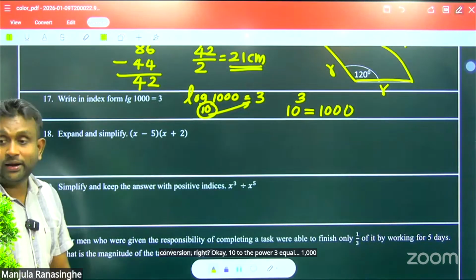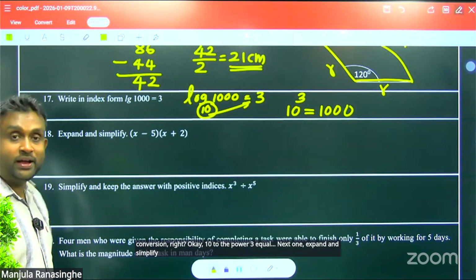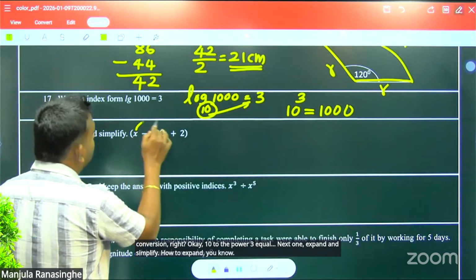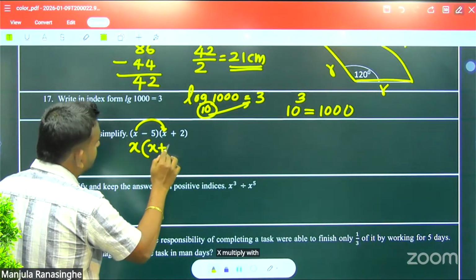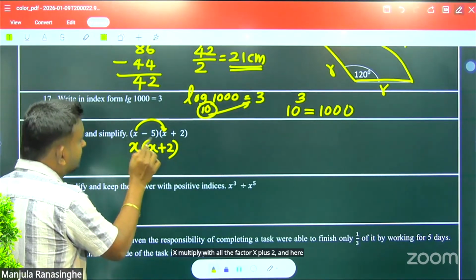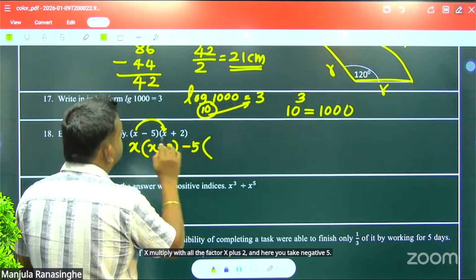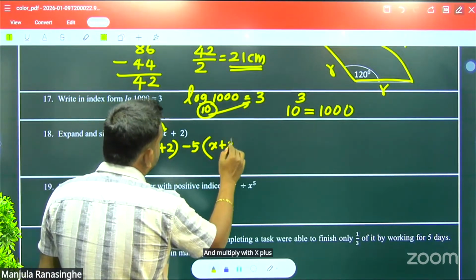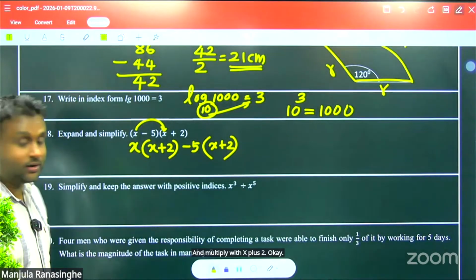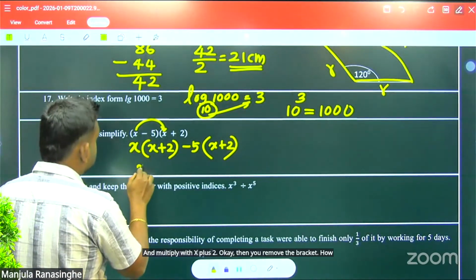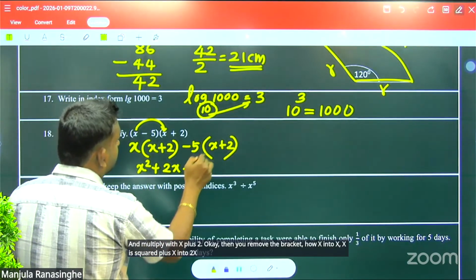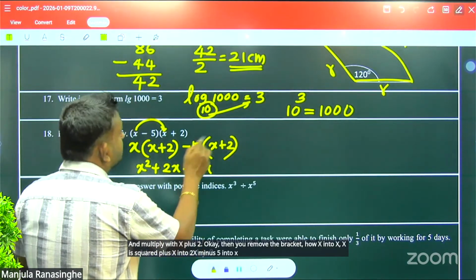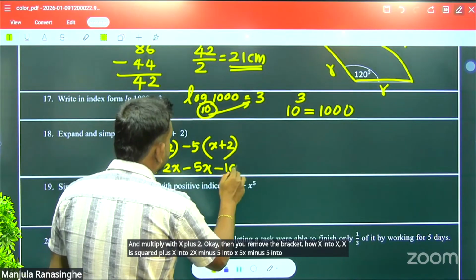Next one, expand and simplify. How to expand? This is x multiplied with the whole factor x plus 2, and here you take negative 5 and multiply with x plus 2. Then you remove the brackets. x into x squared, plus x into 2 is 2x, minus 5 into x is 5x, minus 5 into 2 is minus 10.